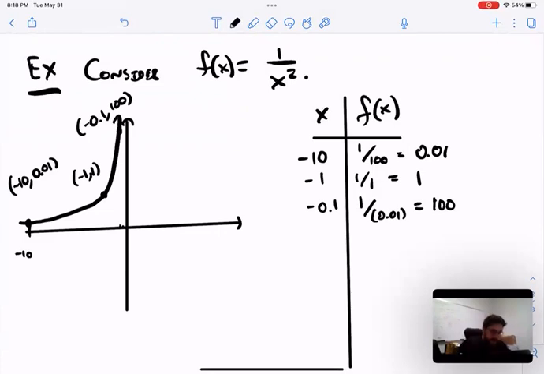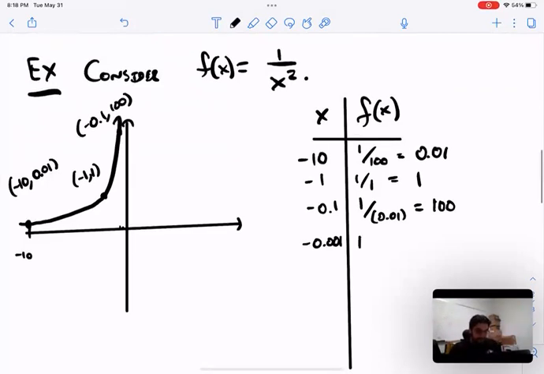So this graph is going to look like this. And as I choose x values that are even closer to 0 from the left, you're going to get even more gargantuan y values, right? So here I would have, if I square -0.01, one more zero than I intended there.